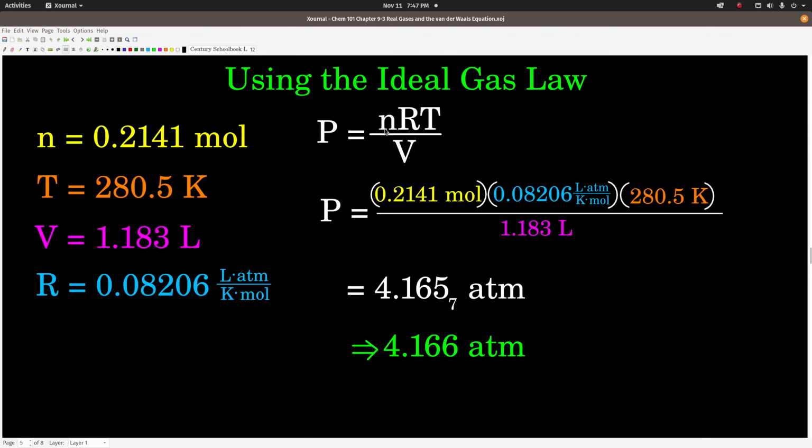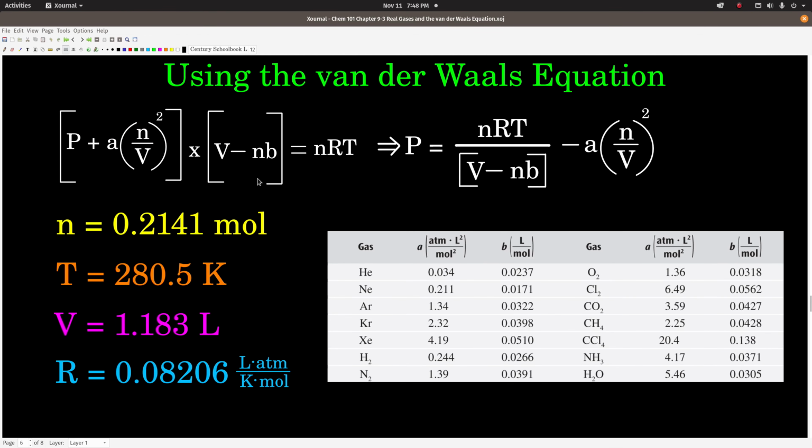So just plugging in nRT over V, we get 4.166 atmospheres exerted by this gas according to the ideal gas law. Now let's go look at the van der Waals equation. So first thing we do is we rearrange it, solve for P. So basically divide by V minus NB and then subtract A N over V squared from both sides. Same N, T, V, and R as we had before.